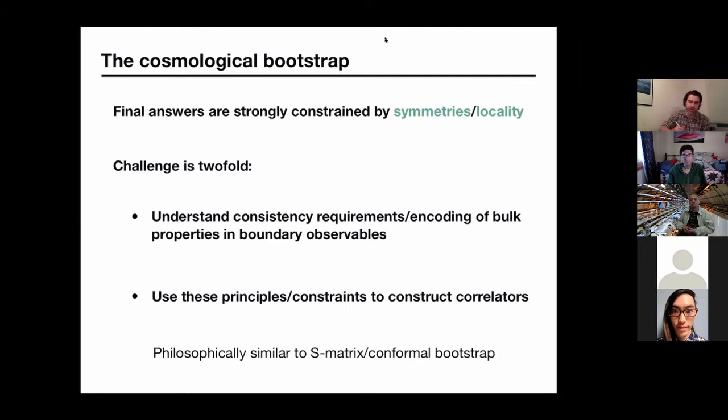And so philosophically, this approach is similar to the S-matrix or conformal bootstrap programs, where you construct observables directly based on consistency requirements. But I would say, of course, it's much less mature. We're just beginning to learn what the rules are and to use them to calculate things.